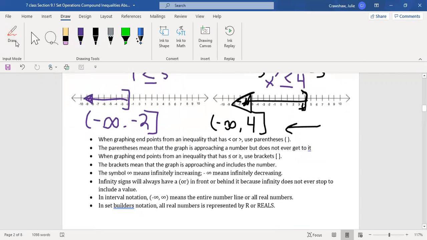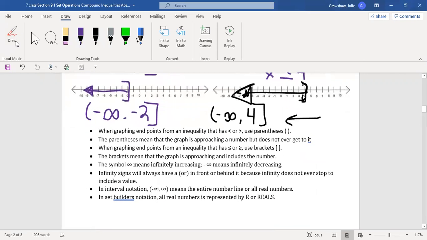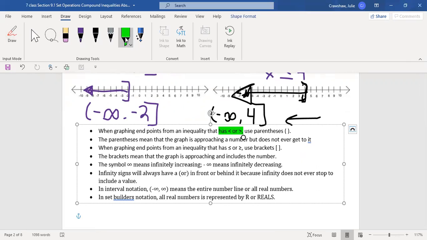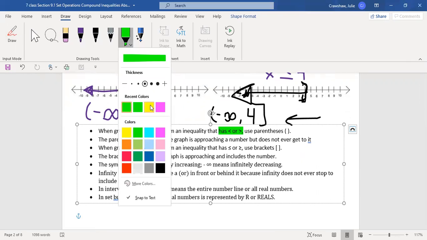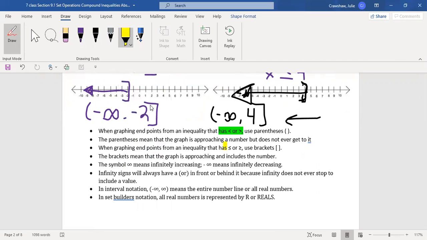Now, on this wording right here, I just reinforce the fact that when you use a less than or greater than sign, you use parentheses, as opposed to if you use less than or equal to, you're going to use brackets. And it talks a little bit about the infinity and so forth.